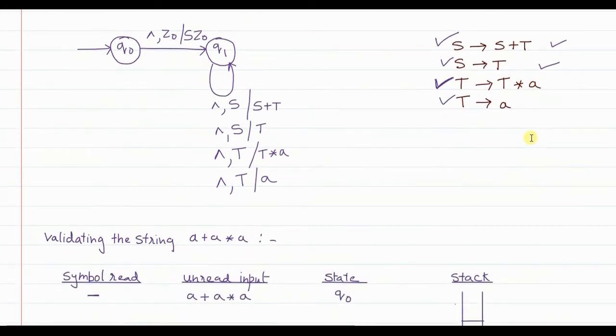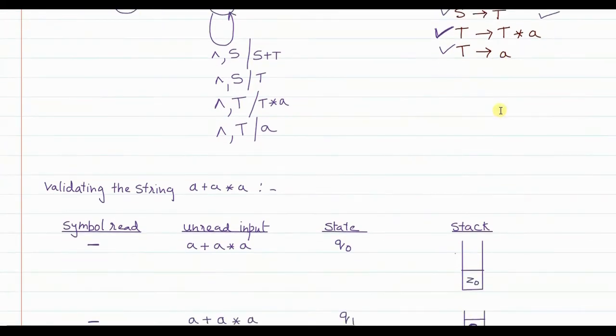Okay, so now let's assume in this process of calculation, suppose A happens to be the topmost element of the stack. It's a terminal, no? So you need to read the input string, and suppose A is read as the current input symbol, and the topmost element of the stack is also A, then cancellation will happen.